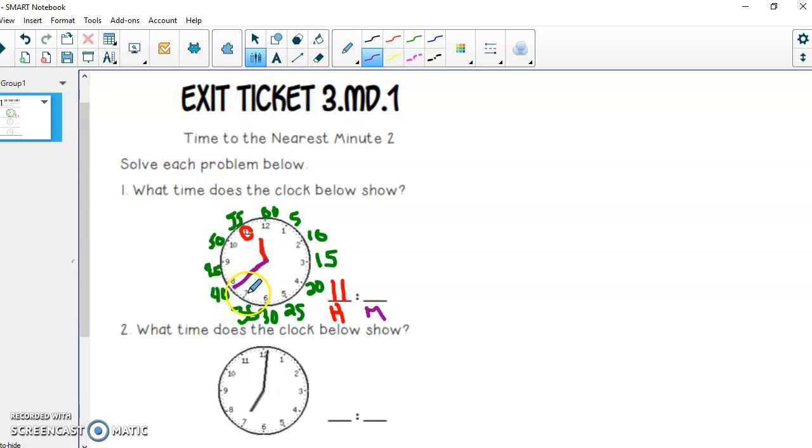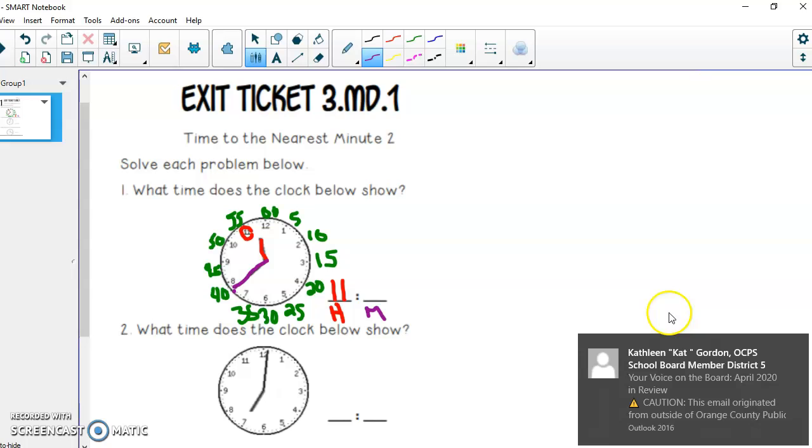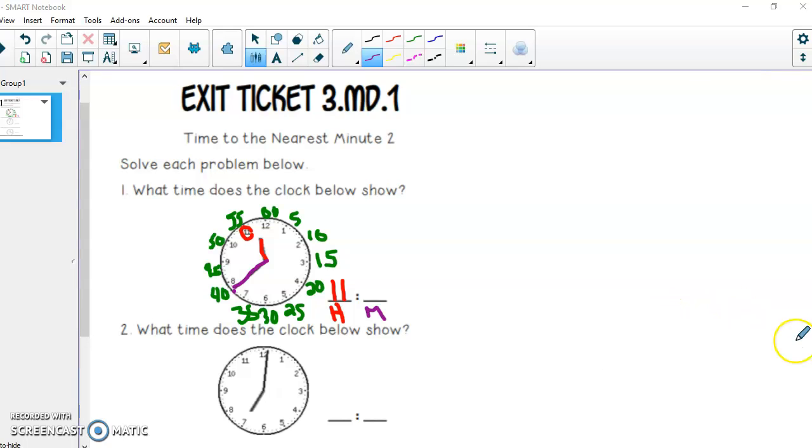Okay, so if 7 is 35, we're going to count each dot as 1. So 35, 36, 37, 38. I'm going to say that that line is going at the 38. Because if you did 2 more, 39 and 40, we're not quite there yet. So I would say that the time is 11:38.